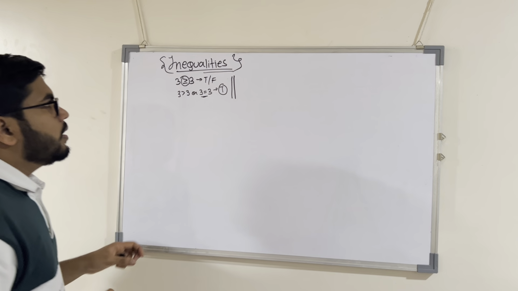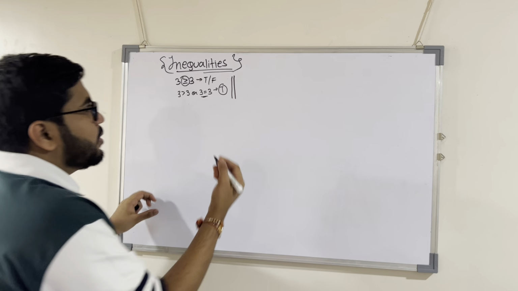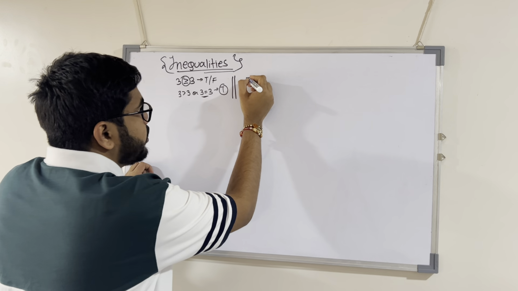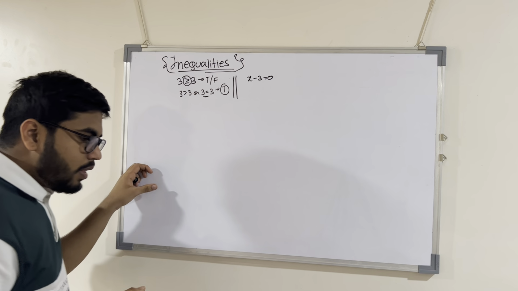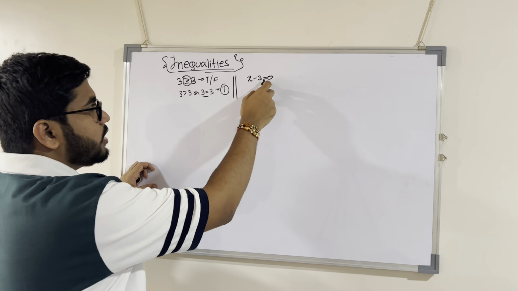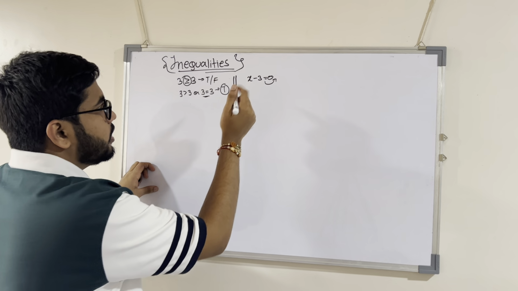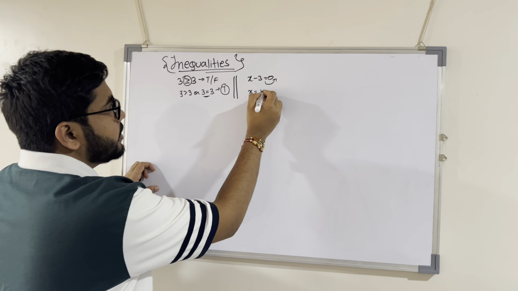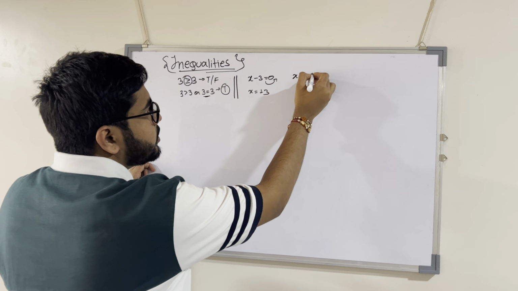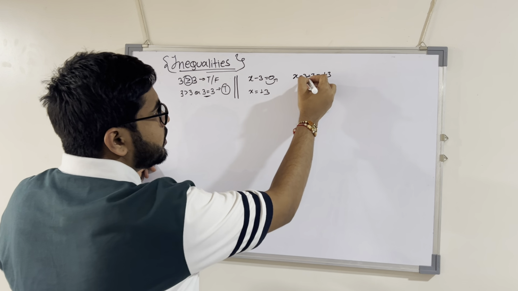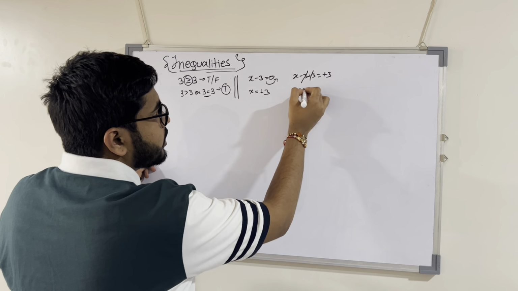Now one more case, which many of you might be knowing. Suppose there is x minus 3 equal to 0. Some people say that you take it to the other side of the equal to sign and the sign changes, like x is equal to plus 3. Actually, how these things work is you add plus 3 on this side, you add plus 3 here, minus 3 cancels, so x is equal to plus 3.